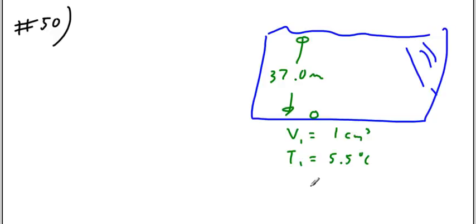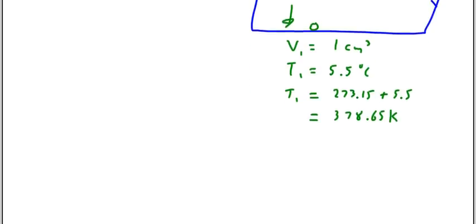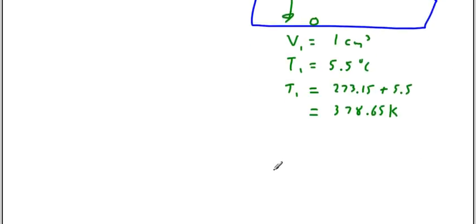So we're going to call T1 273.15 plus 5.5, which is going to give us 278.65 K. Now, we really don't need that many significant digits, but we'll go with it anyway.